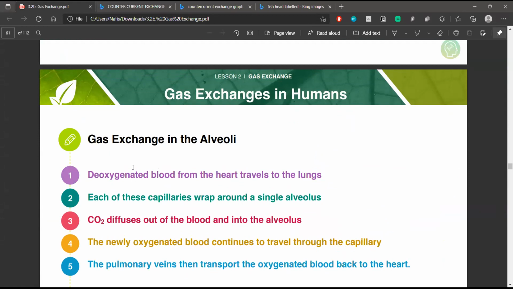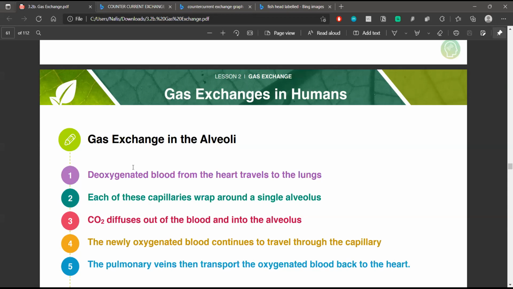Why? One cell thick, short diffusion distance.